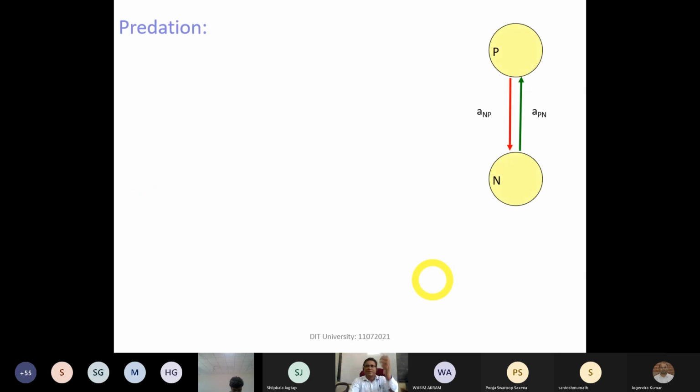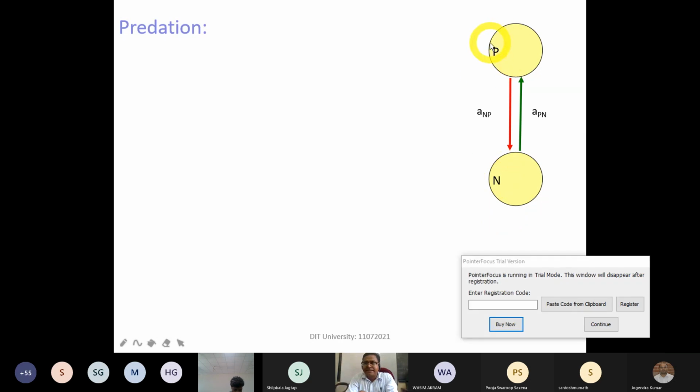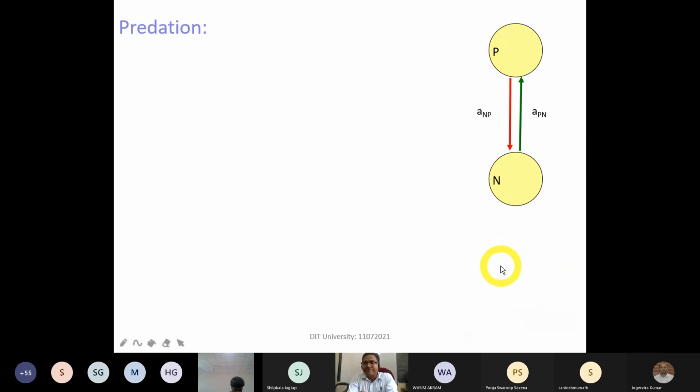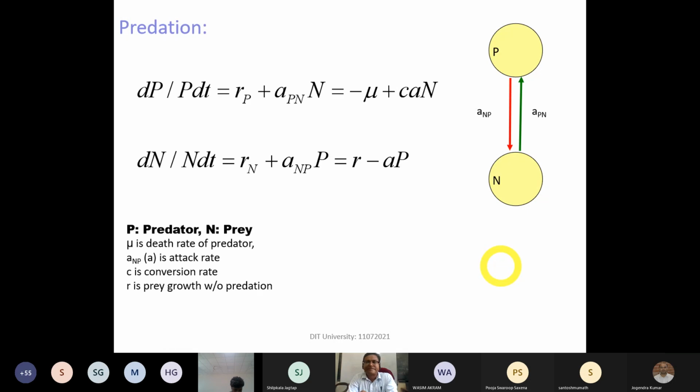So for the basic prey-predator model, I'm talking about N as the prey and P as the predator, and we will have the equations. Let's start with N. If I have dN/dt, as you can see here, the left-hand side represents the growth rate of prey per capita, that means how one individual prey is growing.